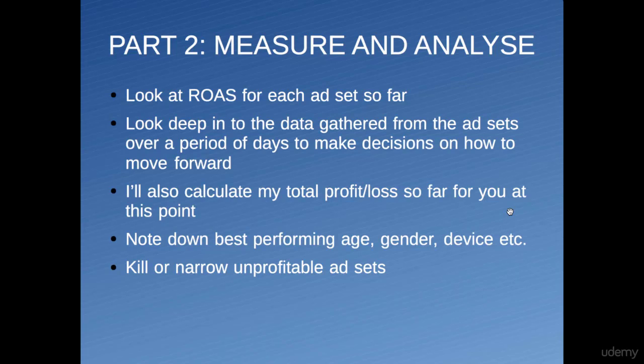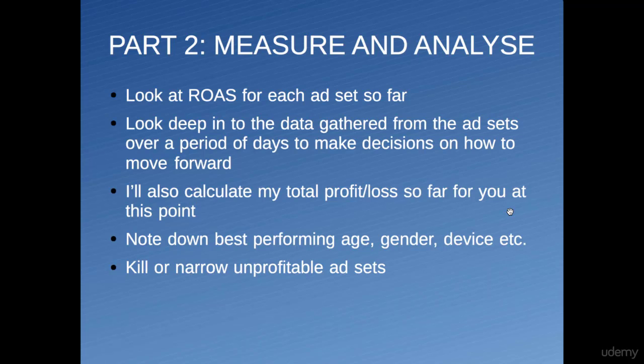Part two, look at the return on ad spend for each ad set so far. And then we look deep into the data gathered using the breakdown tab, as I've shown you how to use it before, from the ad sets to make decisions on what is working the best and what isn't working, and how I should spend my budget, what I should cut out, and what I should spend more money on.